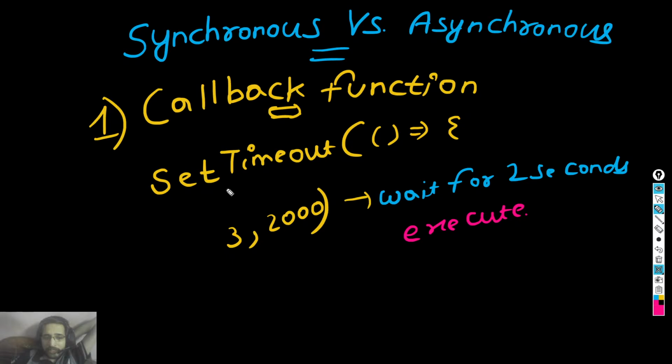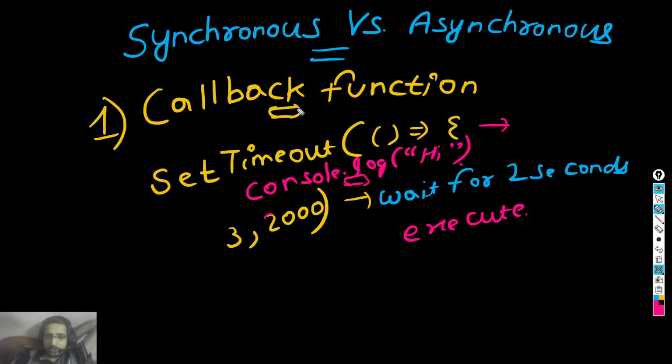So what it will do, guys, basically this is a callback function. You can see it has passed this delay, which is 2000 milliseconds. So it will transfer this function to a location in the memory, and after 2 seconds this callback function, whatever you have defined inside this, let's suppose I defined a console log statement that says hi, will automatically get executed.